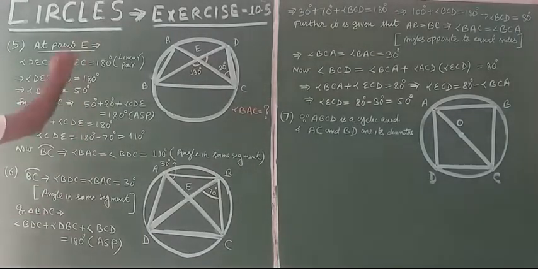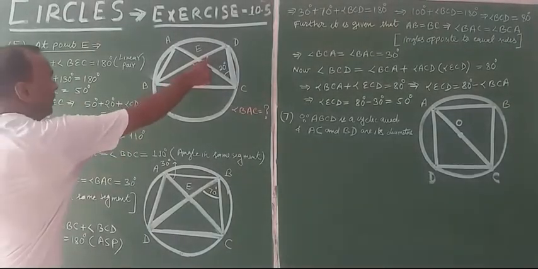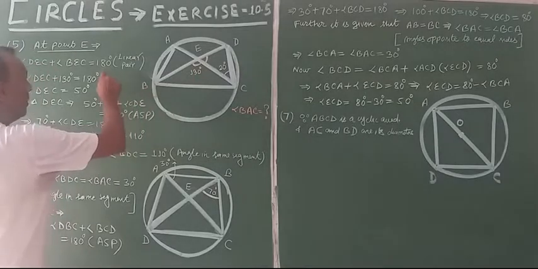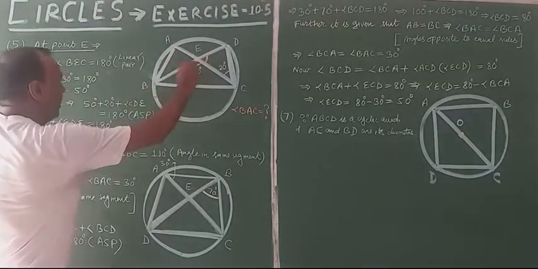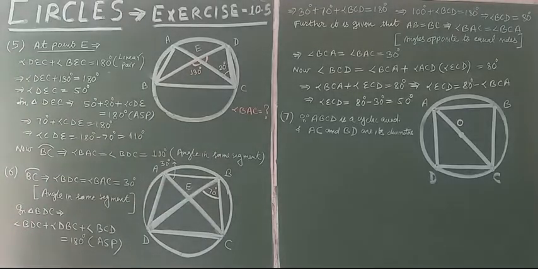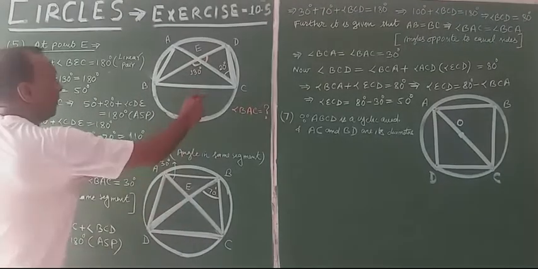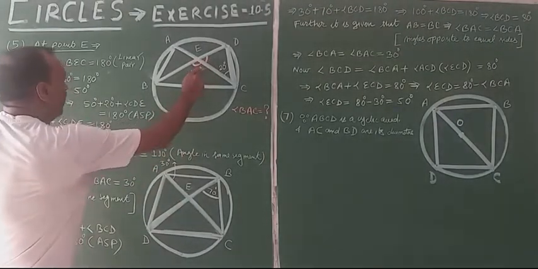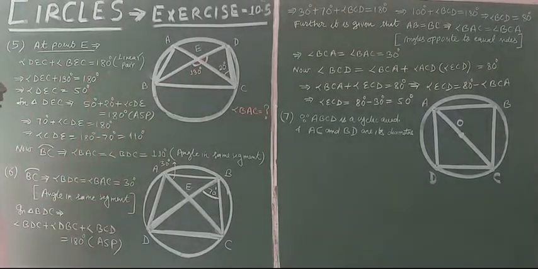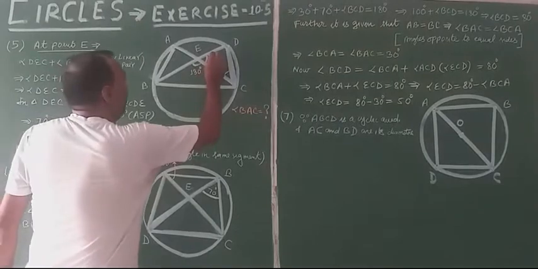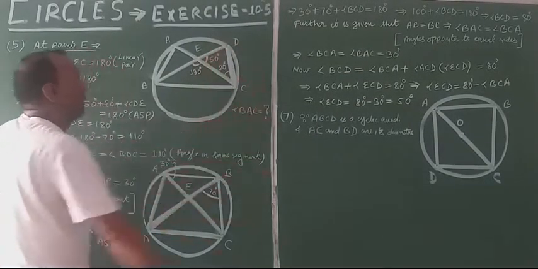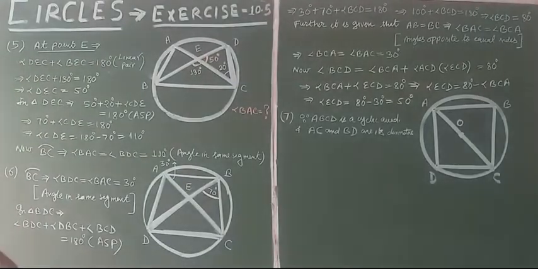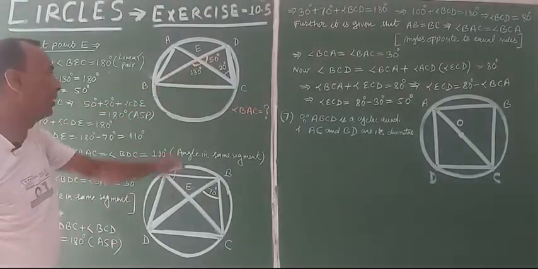So angle DEC plus BEC is 180 degree. Therefore, angle DEC plus 130 will become 180 degree. Therefore, angle DEC will be 50 degree.